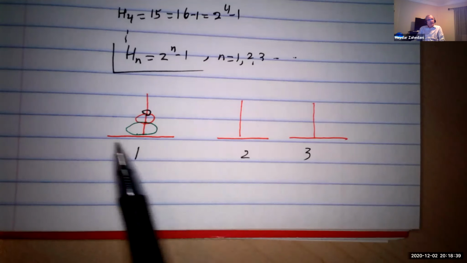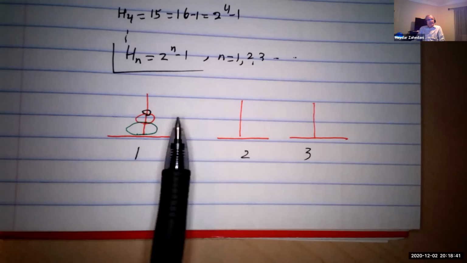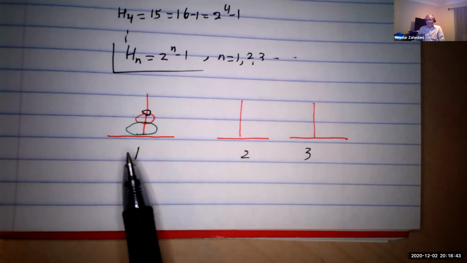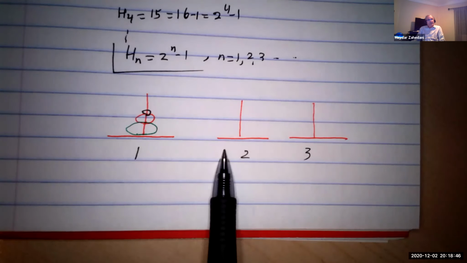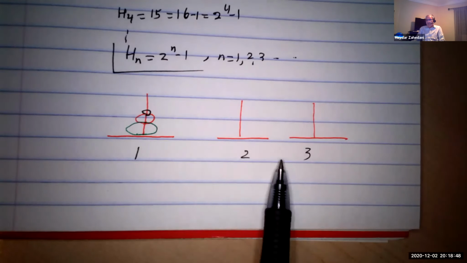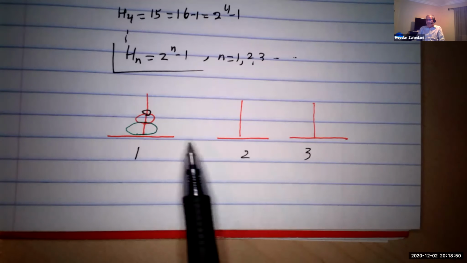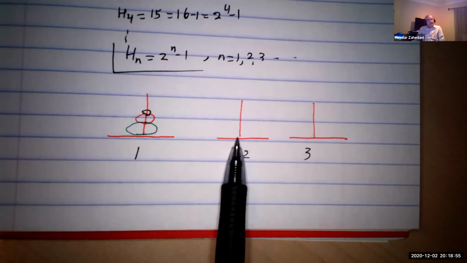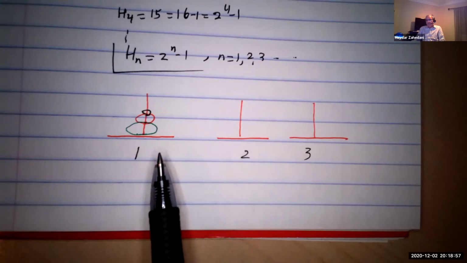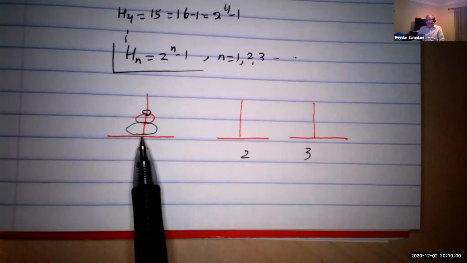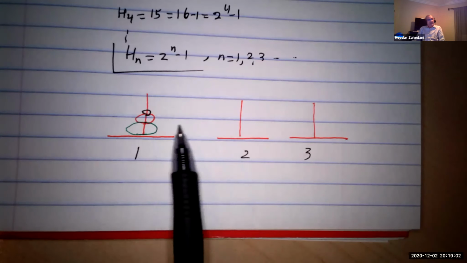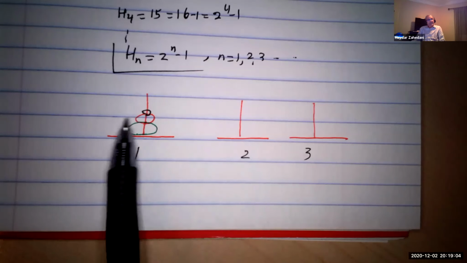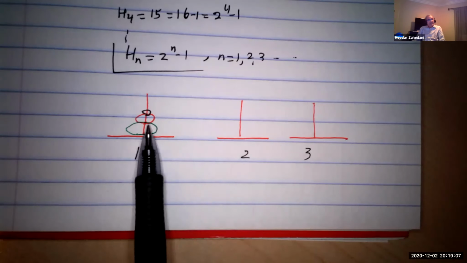I want to know how many movements I need to get these disks from 1 to 2. I can use the third one too. I want to move them to the other side, but there is a condition: each time I can move only one of them, and at any time the order must be such that the smaller one is on the top.